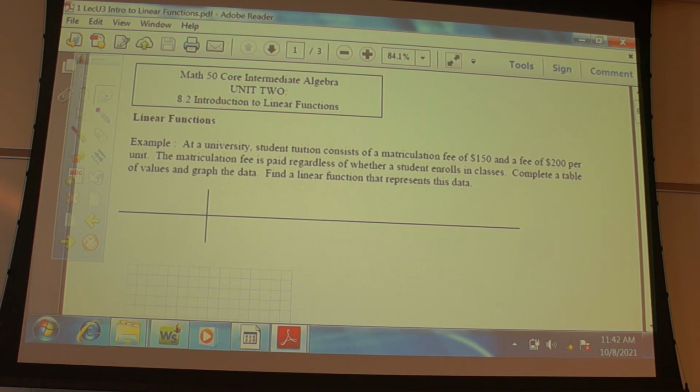The matriculation fee is paid regardless of whether a student enrolls in classes. Complete a table of values and graph the data. Find a linear function that represents this data.